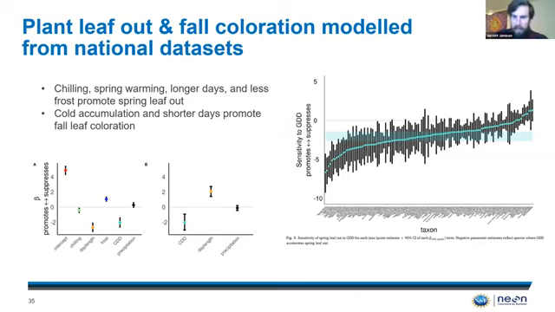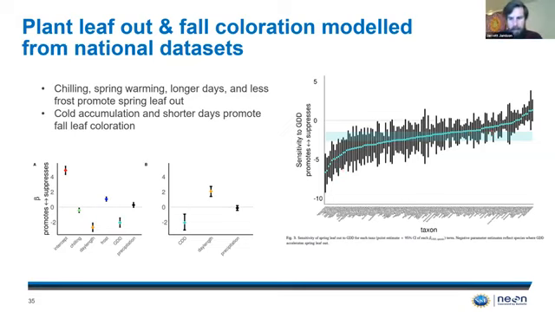The figure on the right shows the sensitivity of spring leaf out to growing degree days for each species. Negative parameter estimates, so below the line there, reflect species where growing degree days accelerate spring leaf out. So we can see this varies by species, but definitely the majority of them fall below that, where it is accelerating spring leaf out, having that sensitivity to growing degree days.